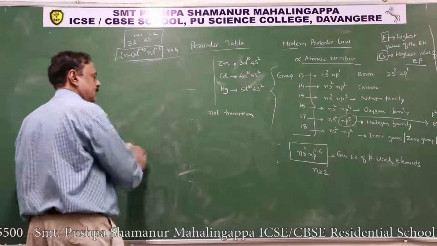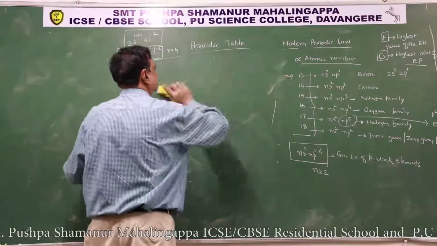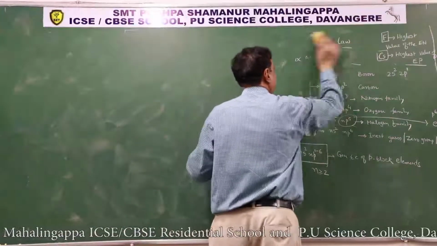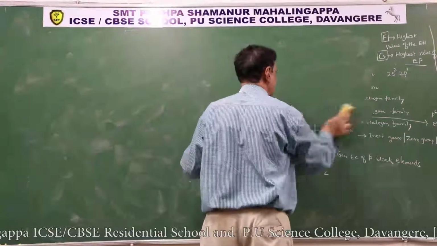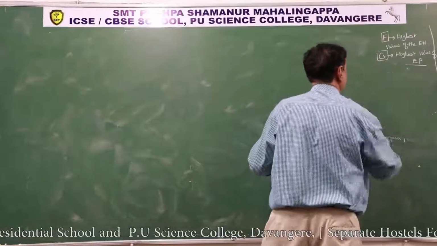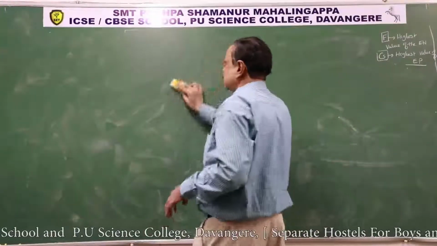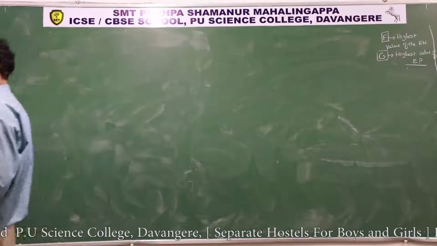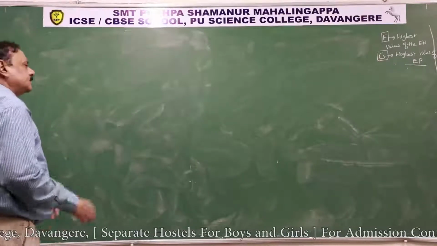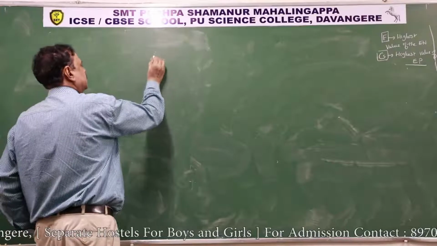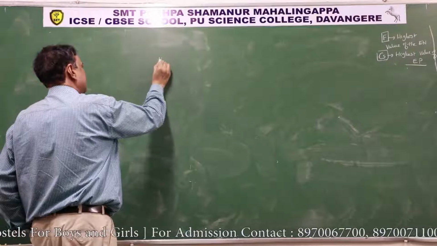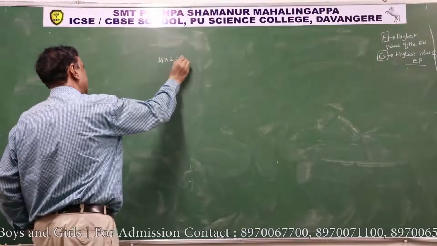Now, at the bottom of the modern periodic table, it consists of 14 cross 2, totally 28 elements.